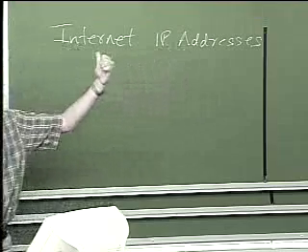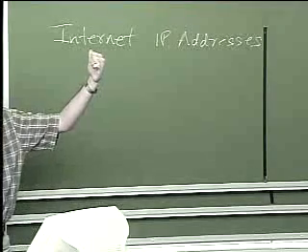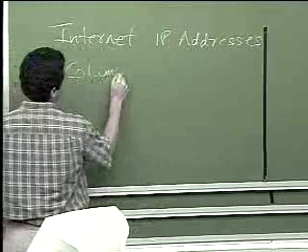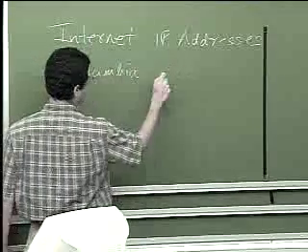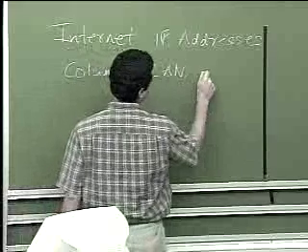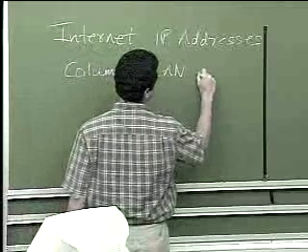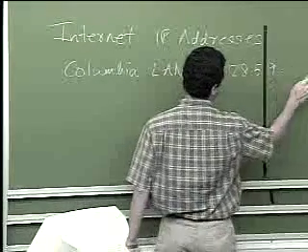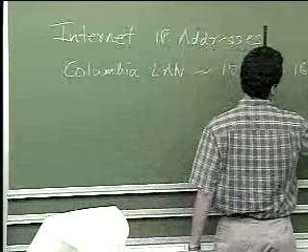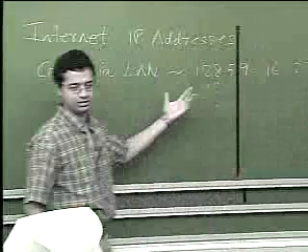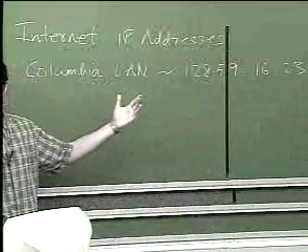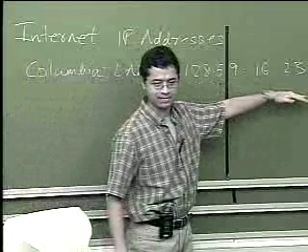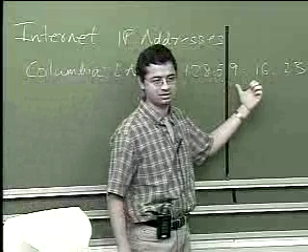Are you familiar with IP addresses, what they look like? For instance, any machine on the Columbia LAN would have an IP address of the form 128.59, something of this sort. This is a dotted quad notation where you have 4 numbers written in a dotted format, and each of these numbers is 8 bits long.